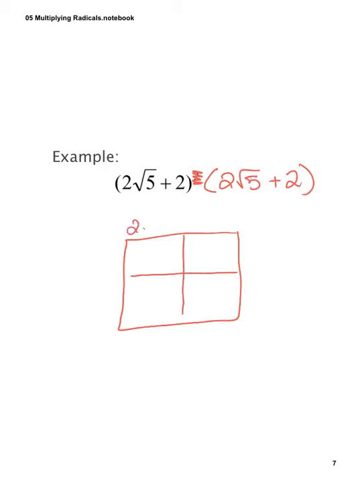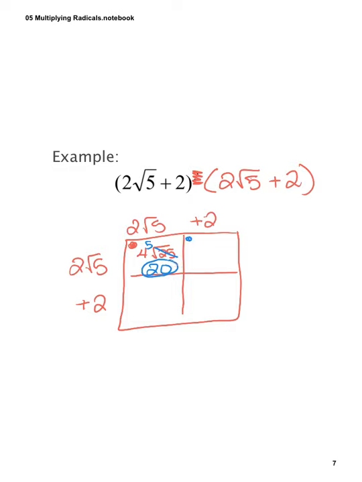So now I have 2 radical 5 plus 2, and I have 2 radical 5 plus 2. If I look at the first box, the whole numbers, 2 times 2 is 4. The radicals, 5 times 5 is 25. Square root of 25 is 5. So this box has a value of 20.